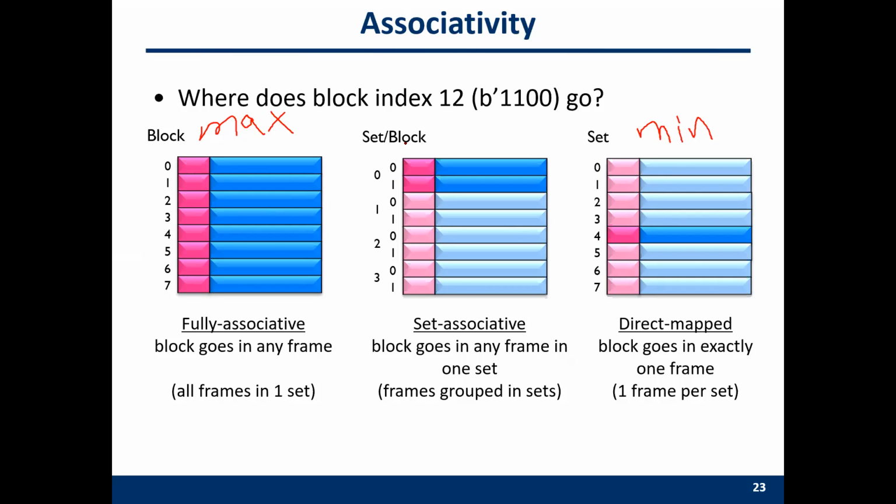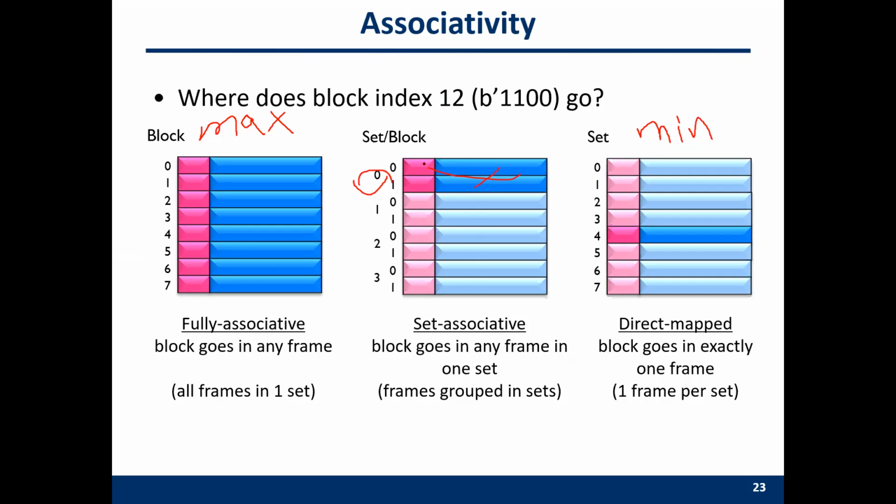The set associativity is some combination. Although you have 8 blocks, they are grouped into 4 large groups. Your first step is to decide which one large group to choose. For example, you select this group. Within this group, you can store your data in any block here.